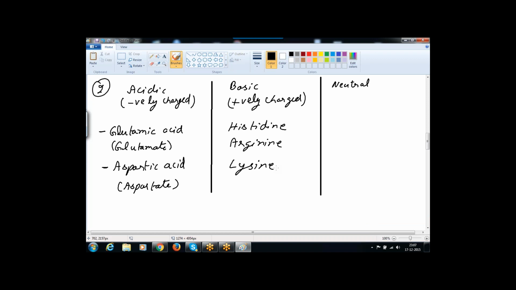And the rest of everything will be neutral, neutral by charge as well as neutral by pH. Is that clear?